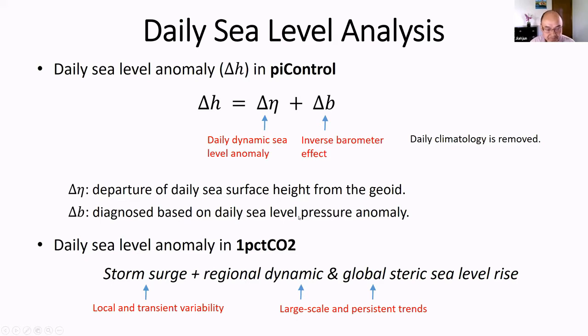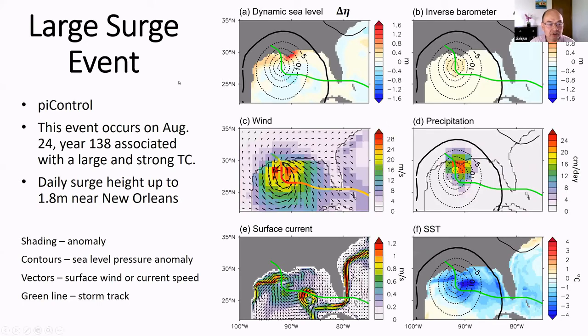This is an example of a large surge event in the CM4 control simulation. A shows the delta eta, the daily dynamic sea level anomaly. The contour is the sea level pressure anomaly associated with this strong tropical cyclone TC in the Gulf.